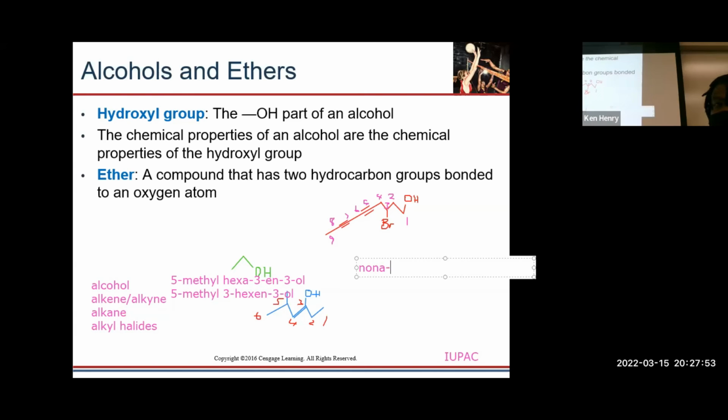Are you sure? There is a triple, but there's two triples. So how would I signify two triples? Di, but what do I have to put in front of it? I have to put numbers in front of it. So where are they? 5 and 7.